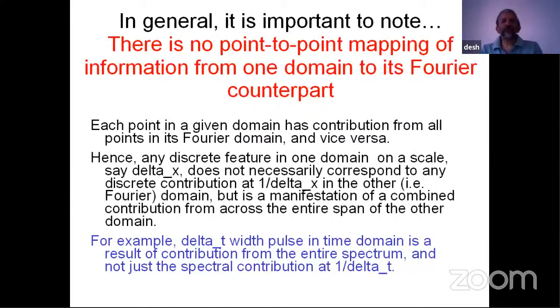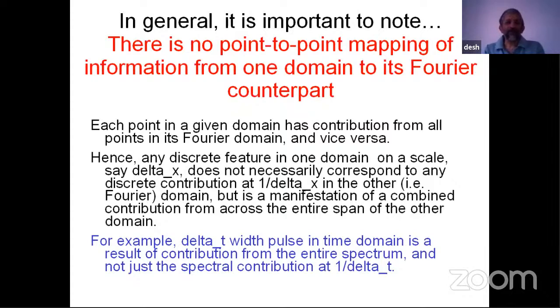Okay, before we go further, since we have talked about Fourier transforms, it's important to stress that there is no point-to-point mapping from one domain to its Fourier counterpart. I'm saying this purposely because people often mistake this aspect. Suppose you see a feature in your pattern of width, let's say, delta x.